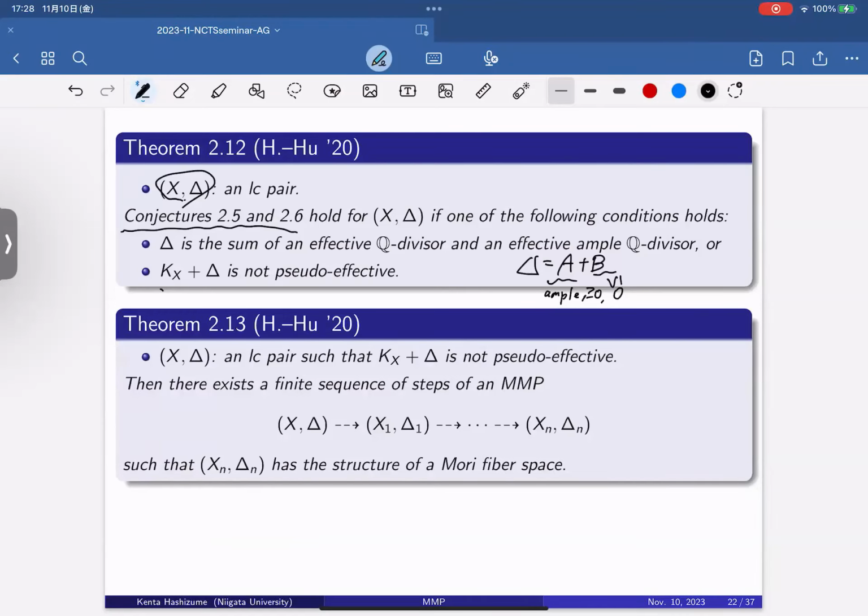And the direct corollary corresponds to the existence of a Mori fiber space for KLT pairs. Let (X, Δ) be a log canonical pair such that the log canonical divisor is not pseudo-effective. Then we can construct a finite sequence of an MMP, and the resulting pair has the structure of a Mori fiber space.